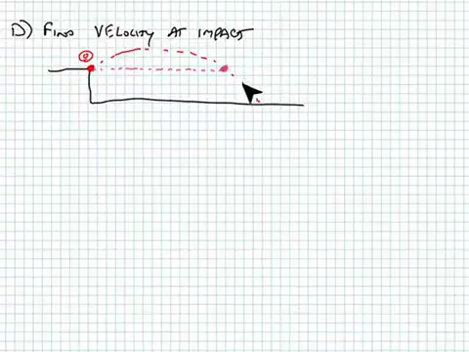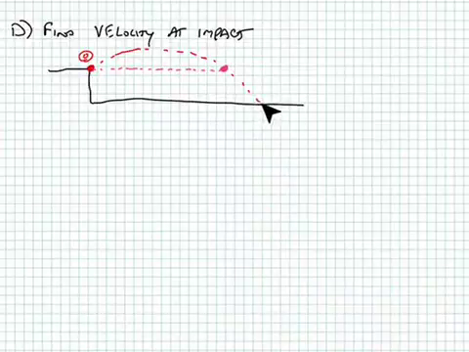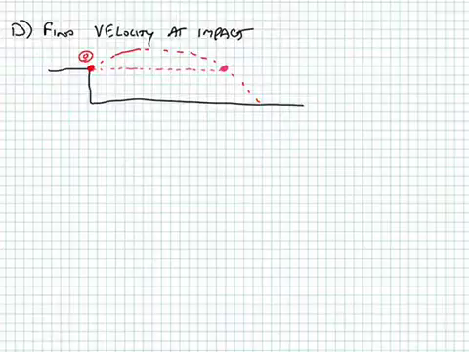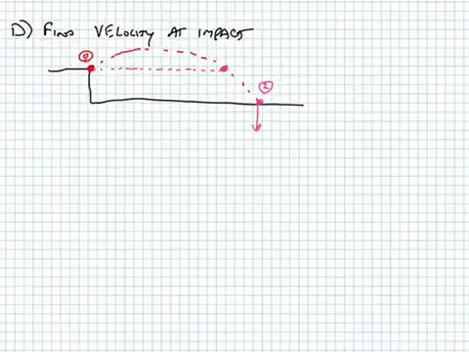But the ball continues to fall further, so down here the speed has to be above 20, and we would expect a steeper angle since it's still falling. This is point 2. To find the velocity at impact, I'm going to have to find my velocity Vy2 here.